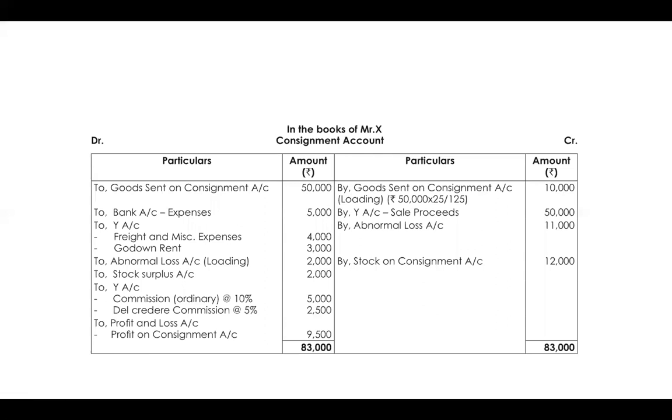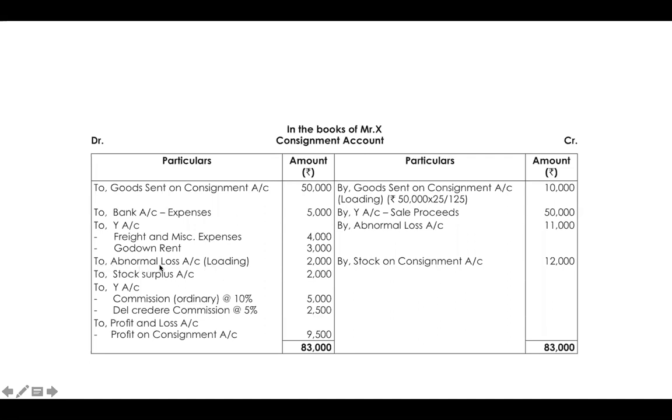That profit loaded is removed by making a contra entry, an opposite entry, with the same wordings, and you're eliminating the profit loaded. Similarly, abnormal loss, you have taken 11,000 and there's a profit loaded here also, 2,000. You're eliminating that by taking an opposite entry.